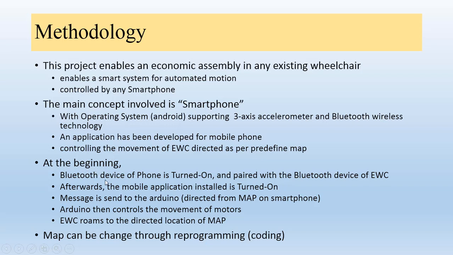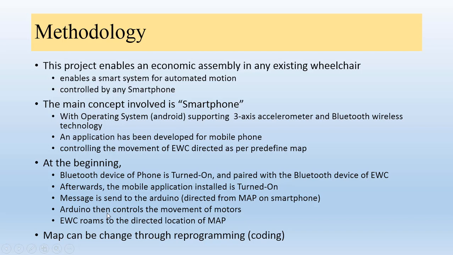At the beginning, Bluetooth device of phone is turned on and paired with the Bluetooth device of electric wheelchair. Means both devices have the Bluetooth devices for pairing. Afterwards, the mobile application installed is turned on. Message from our mobile phone is sent to the Arduino directed from map on smartphone.